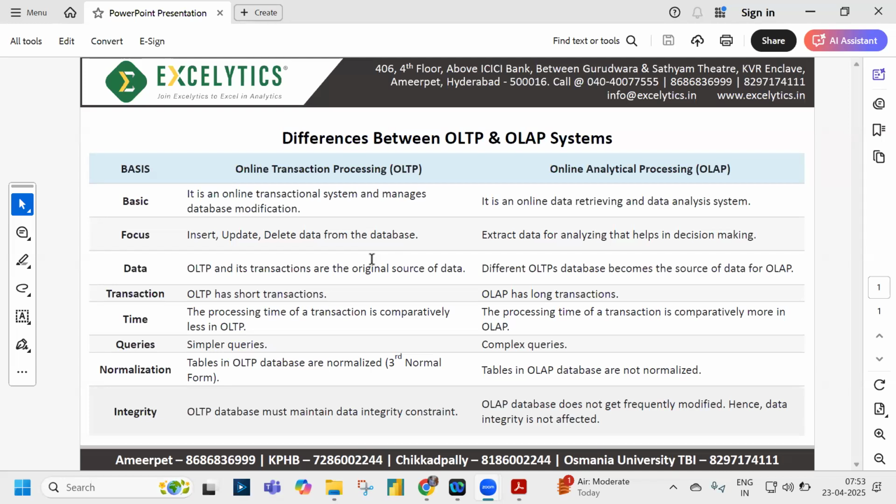From multiple OLTPs, all the data will be gathered together. Let's take an example of a shopping mall that has branches across India. Each state has one database. If our CEO wants to see how our sales are across entire India, then we need to combine all the databases' data into one place.